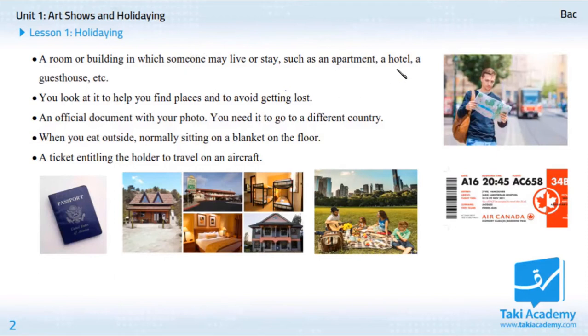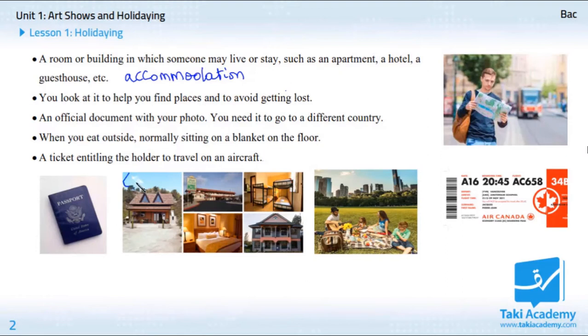We call them accommodation. So the word accommodation refers to the place in which you can stay, such as an apartment or hotel or a guest house. And here we have different pictures of different types of accommodation.